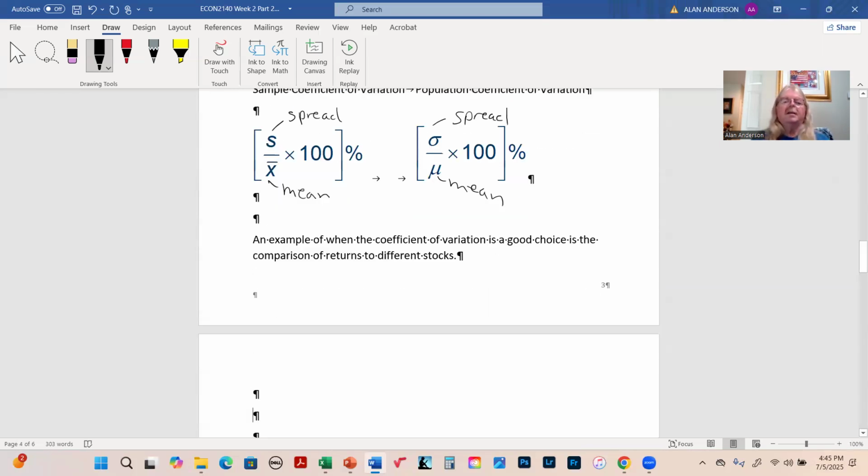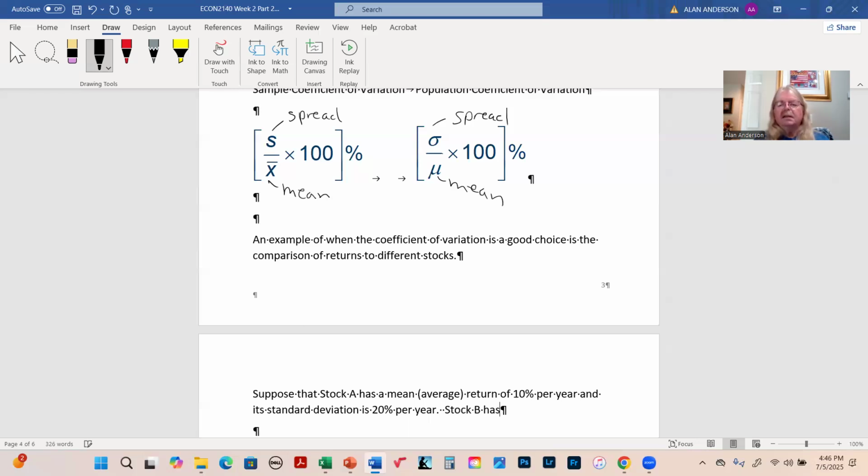Okay, so here's a quick example. Suppose that stock A has a mean or average return of 10% per year, and its standard deviation is 20% per year.